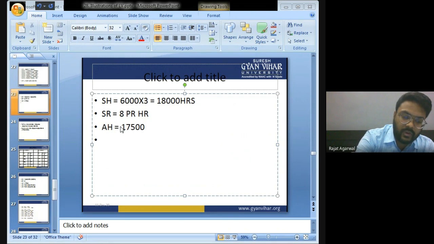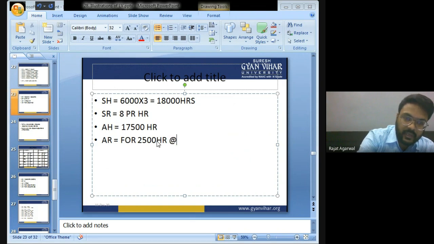Now actual rate is 12 per hour for 2,500 hours, and 8 per hour for 15,000 hours.